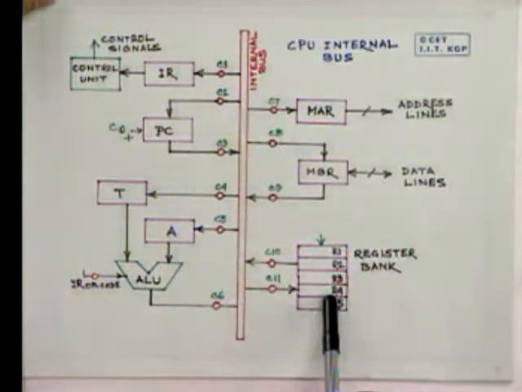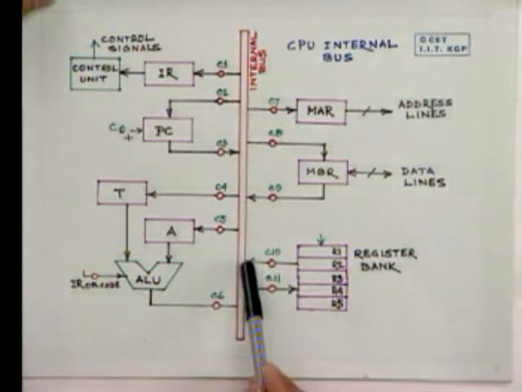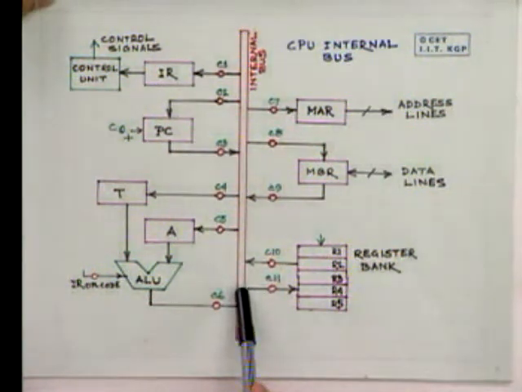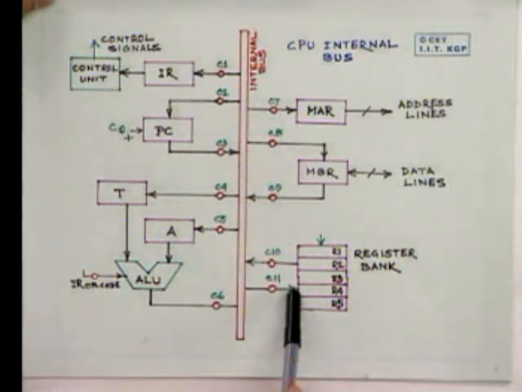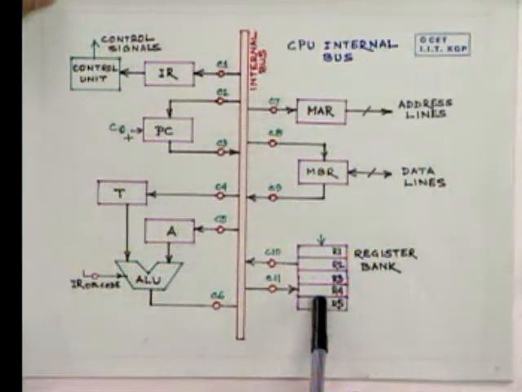From the register bank, the content of any register can be thrown into the internal bus, or the content of the internal bus can be loaded into any of these registers.